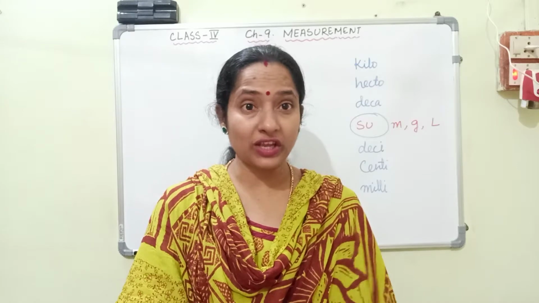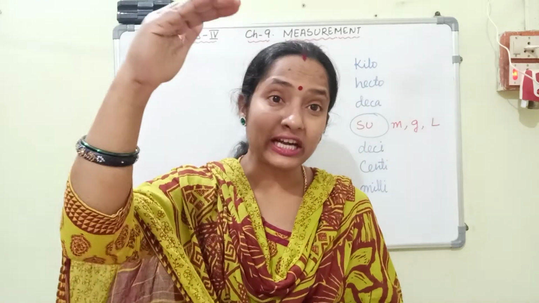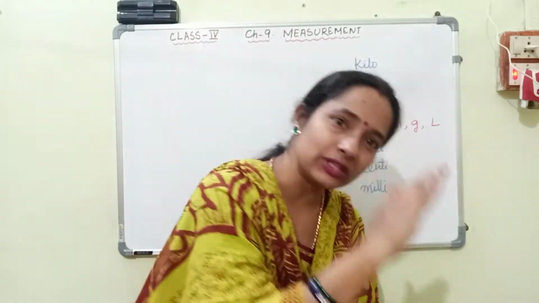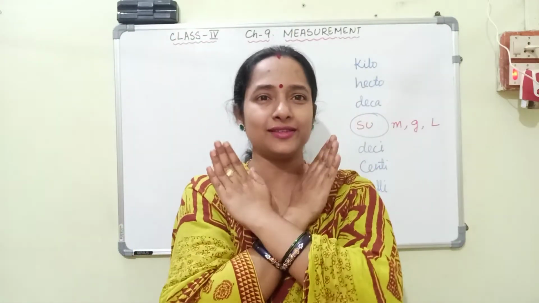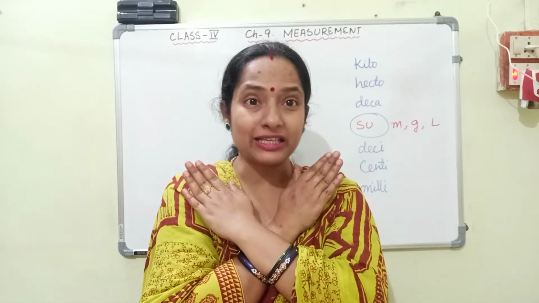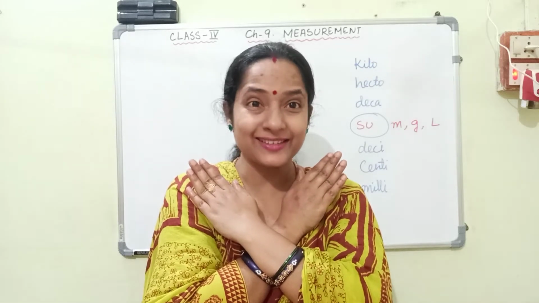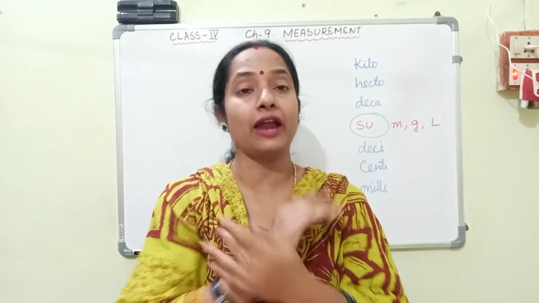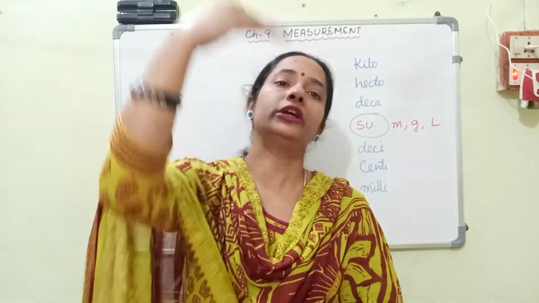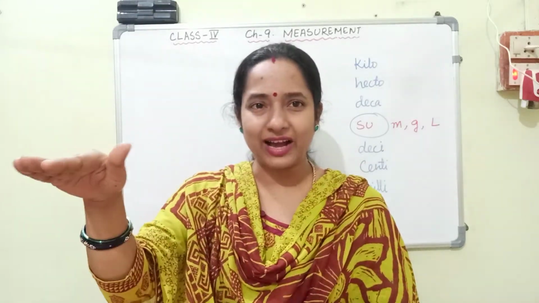What is the symbol of danger? This is the symbol of danger, isn't it? So, when we convert some greater unit to a smaller unit, the symbol is multiplication. It's very dangerous. The symbol is multiplication. And when we convert any smaller unit to a greater unit, we will divide.